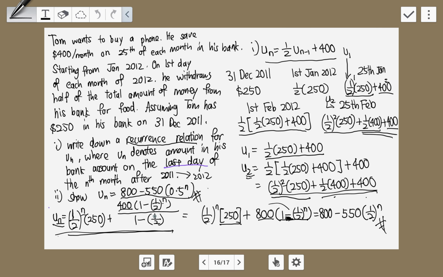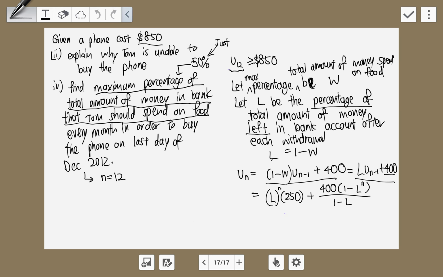So let's check. L to the power of n times 250.